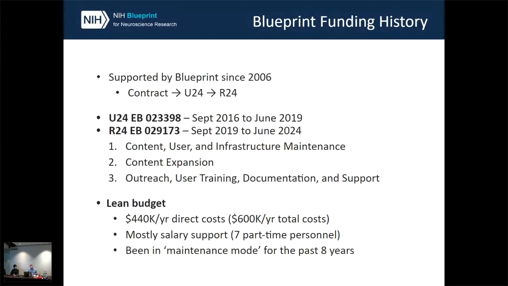So I want to just introduce the three main components of NITRC: the resource registry, the image repository, and the computational environment, which have been built up over the years, building upon the different types of information that NITRC has been able to host.